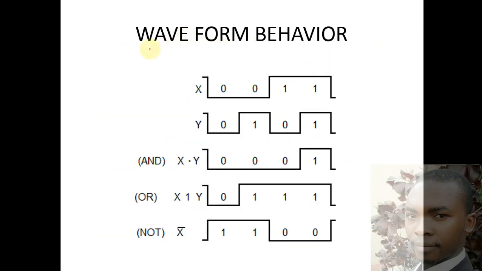Alright, so let's look at the waveform or the behavior of these things. If I have X and I have Y, if I write all possible outcomes of X and Y, one time I may have X on, X off and Y off. So when X is off, then my bar comes down.